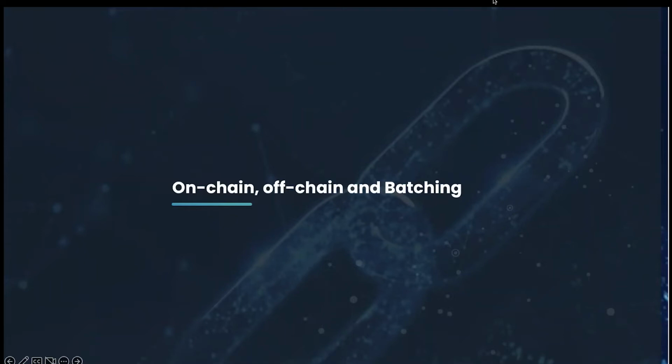So if we are to use a protocol, but our use case is data heavy, first we need to identify whether it is data heavy or not. I'll give some examples. If we are building a supply chain solution, or maybe a trade finance solution, then we are dealing with a lot of documentation, digital records or digital documents to be stored.